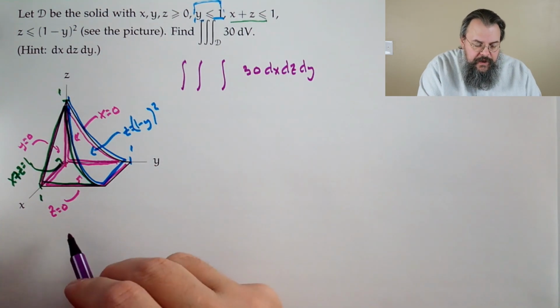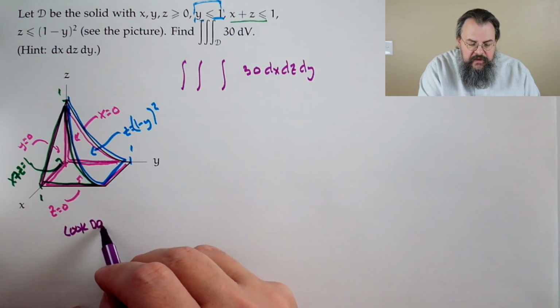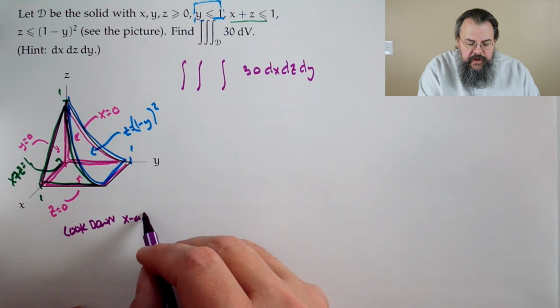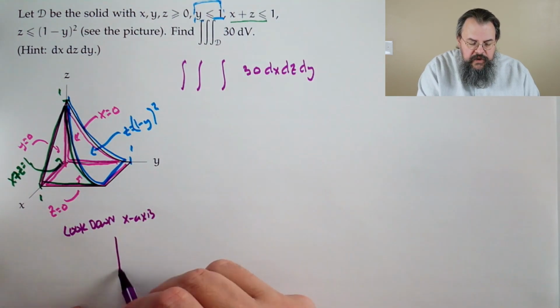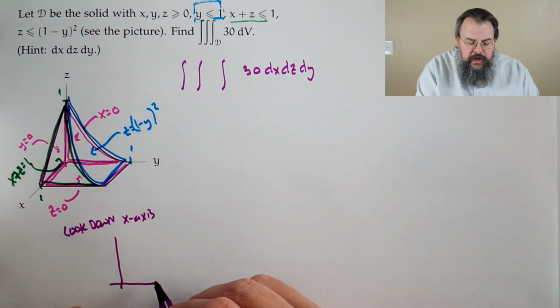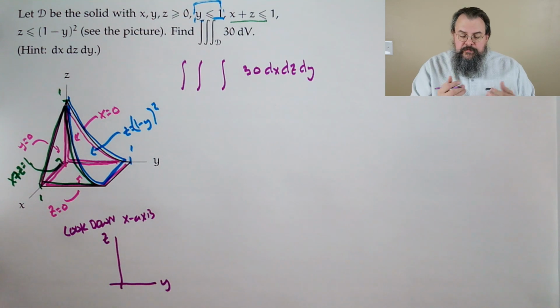So here's the picture. Look down the x-axis, and the reason we're picking the x-axis is that the inner layer is x. What will we see? Well, we're going to see the y-z plane, in other words, the other variables.